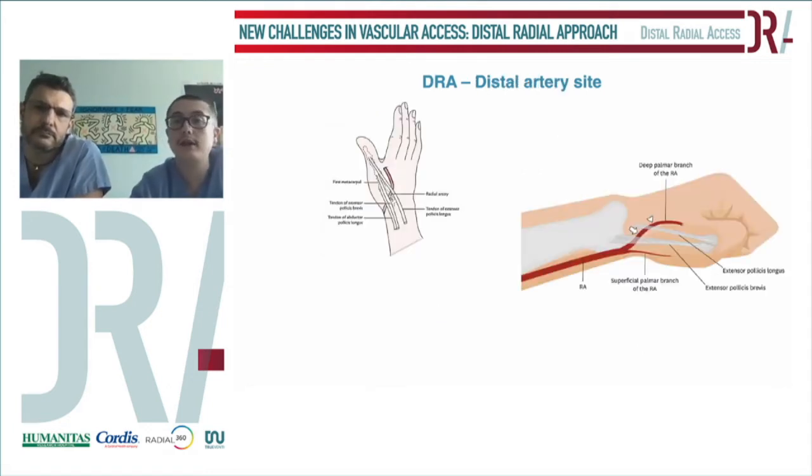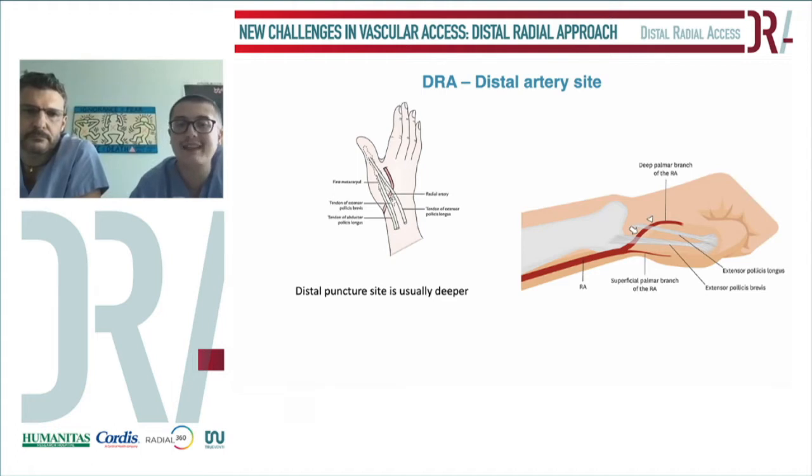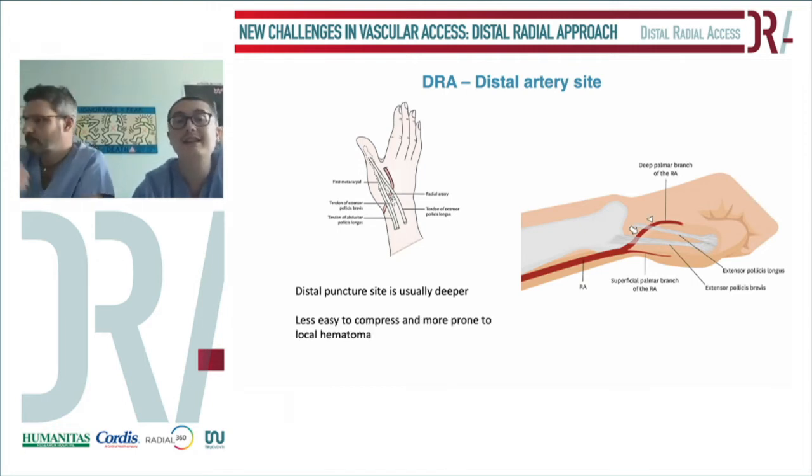While the second puncture spot is the dorsal distal, the really distal radial artery. It's just beyond the extensor pollicis longus, and it's a little bit deeper, so it takes a little bit of time to find the artery when you are searching for the pulse, and it's a little bit less easy to compress because the trapezoid bone is not easy to compress on like the scaphoid bone, and you can have some local hematoma, and we will see some examples later.